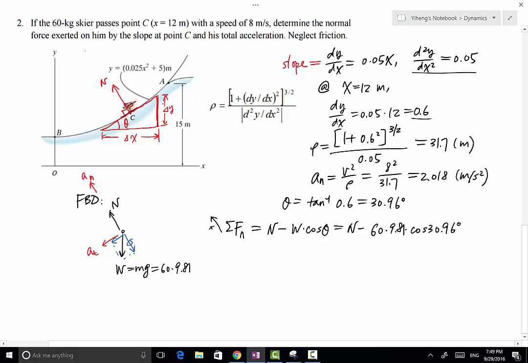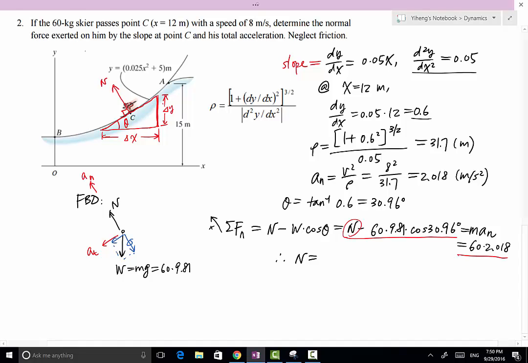On the right hand side, it equals m an, which equals 60 times, we just determined an, 2.018. So from this equation, the only unknown is normal force. We can solve for normal force, and that is 626 Newton. So that answers the first part of this problem.